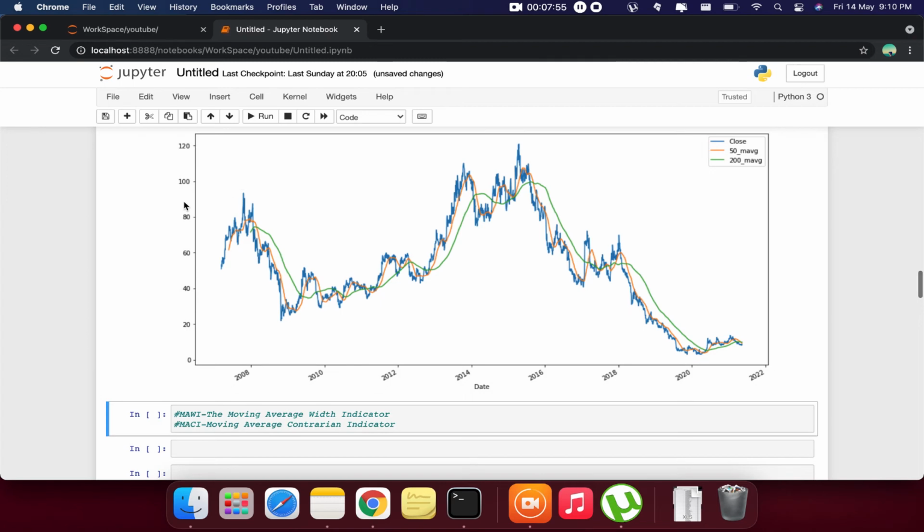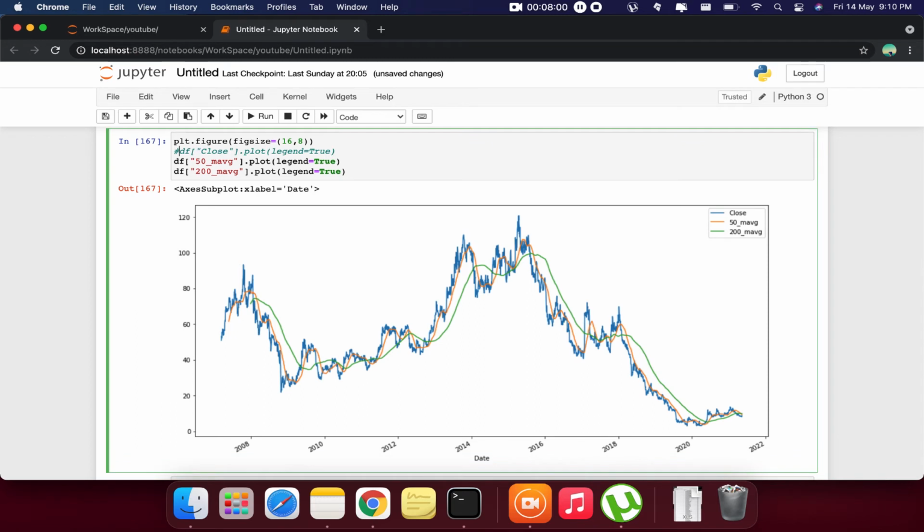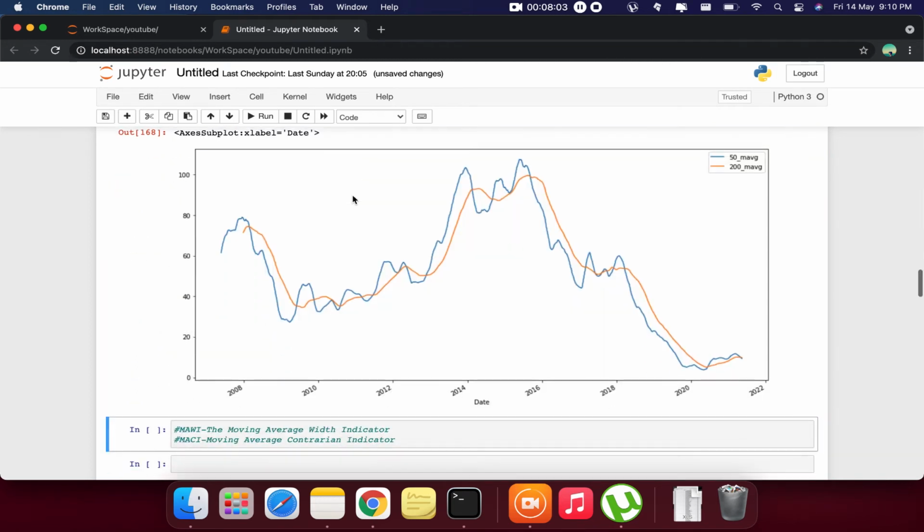Anyways, moving on. So now I have given this chart. Here the blue line is a 50-day moving average and the orange line is a 200-day moving average. So the idea is that if the 50-day moving average is greater than the 200-day moving average, like this one, or here, this point says a sell signal, okay.